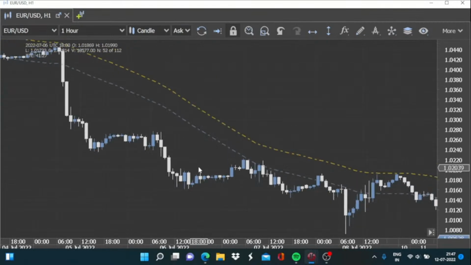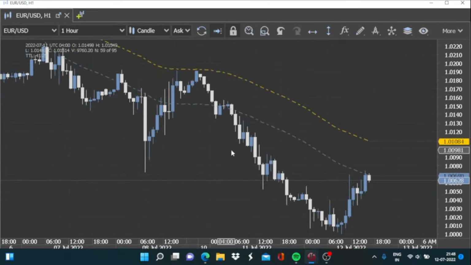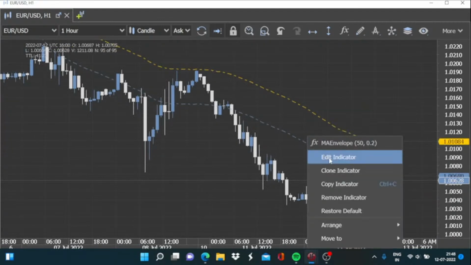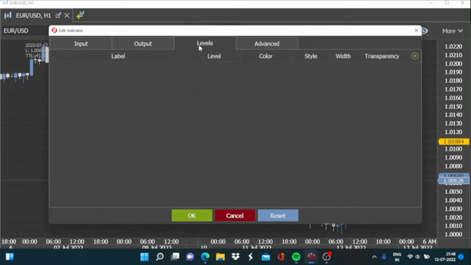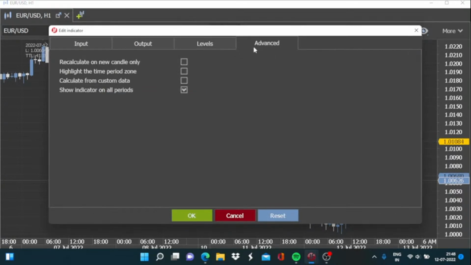Okay, but of course the functionality is not going to change. Only the aesthetic part is going to change with these editing tools. So let us now turn to other things. There is this panel where we have four options where we can opt for recalculate on new candle only.